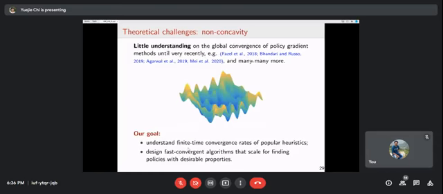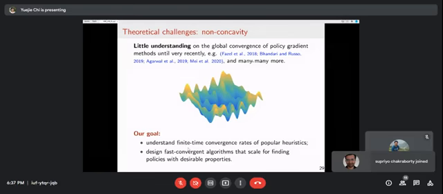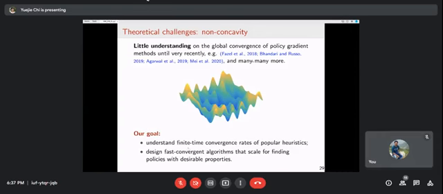Nonetheless, there are a lot of theoretical challenges associated with understanding the global convergence of policy gradient methods. There has been very little understanding until recently, mostly because this type of non-concave maximization problem is known to be susceptible to bad local maxima or saddle points, if we just draw intuitions from classical wisdom in optimization theory.